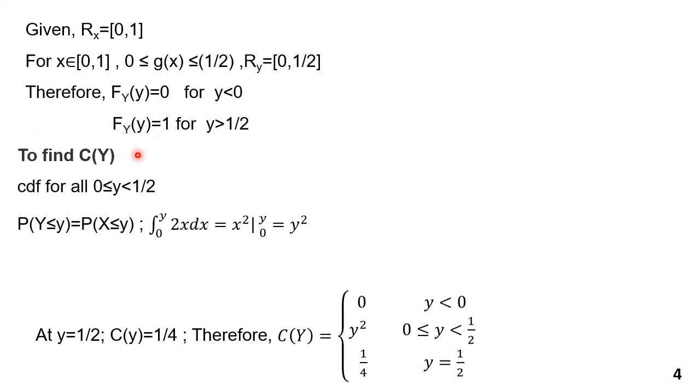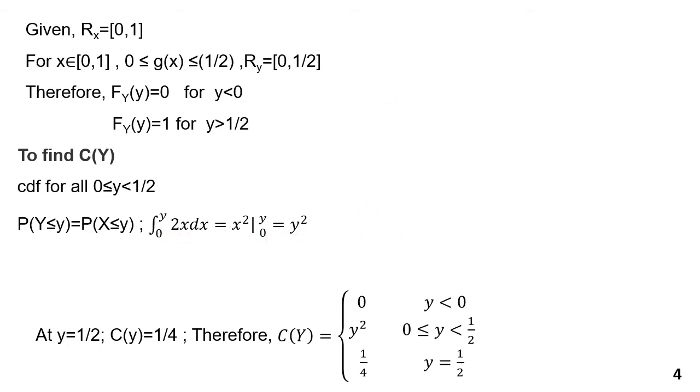Let us first find out the continuous function c of y for y varying between 0 to half. C, probability of y less than or equal to y, is the integral of 2x dx, that is equal to y square.